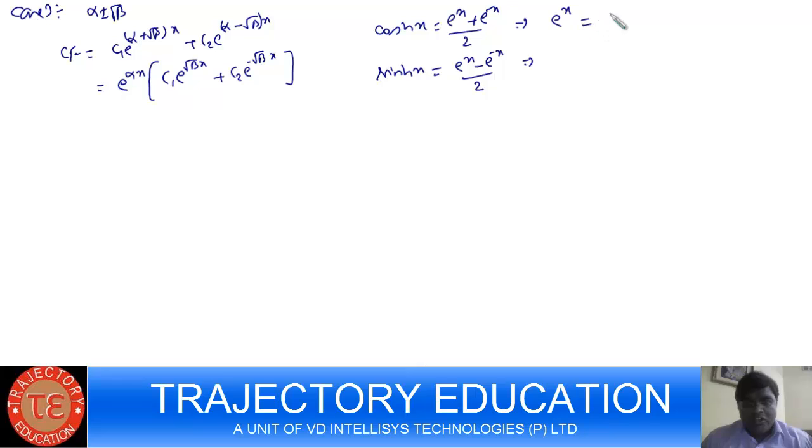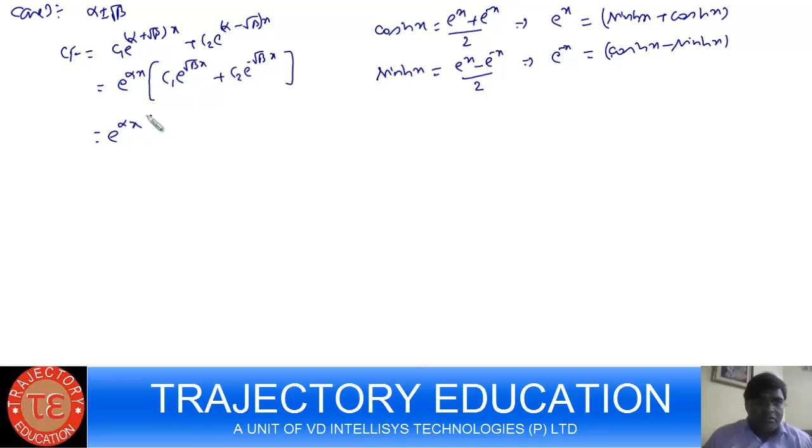So from here I can also say e to the power x is cosh x plus sinh x, and e to the power minus x is cosh x minus sinh x.